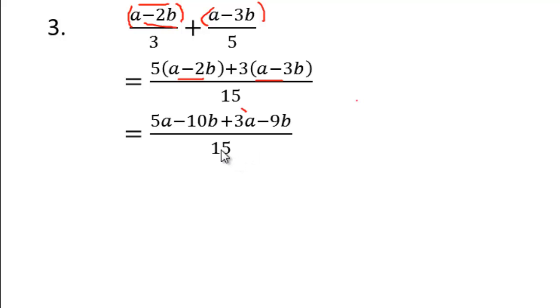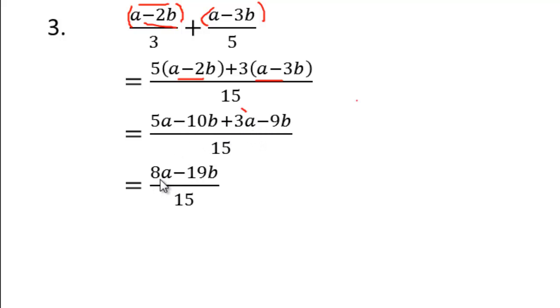What you are going to do now is collect all the like terms. 5a and 3a are like terms, and minus 10b and minus 9b are like terms too. Let's do it. Plus 5a and plus 3a is going to be 8a.